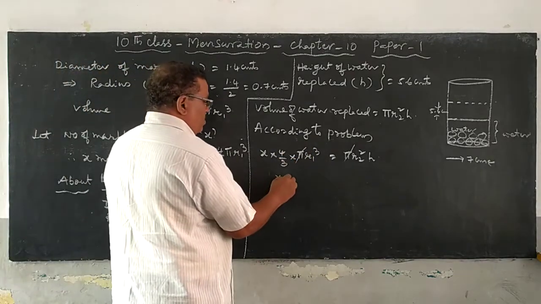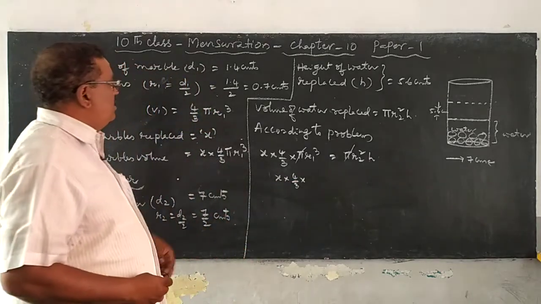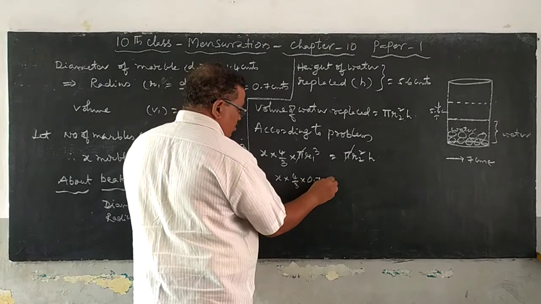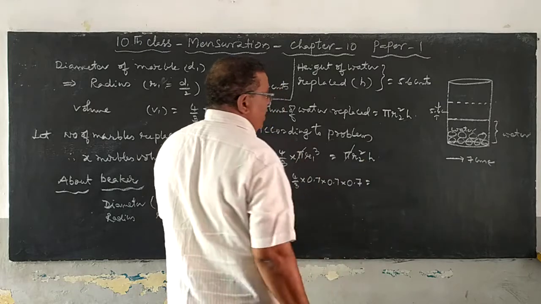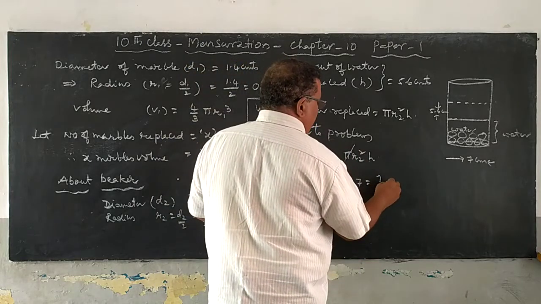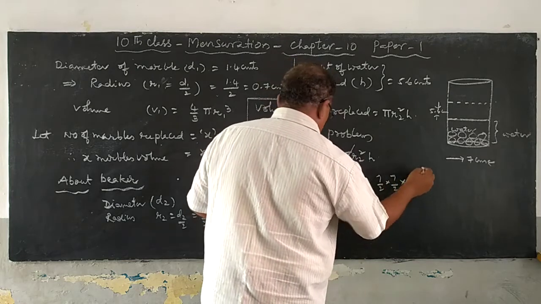x into 4 by 3 into R1, how much is it, children? 0.7 centimeter. So 0.7 into 0.7 into 0.7 equals R2 square, R2 is 7 by 2 into 7 by 2, into h which is 5.6.